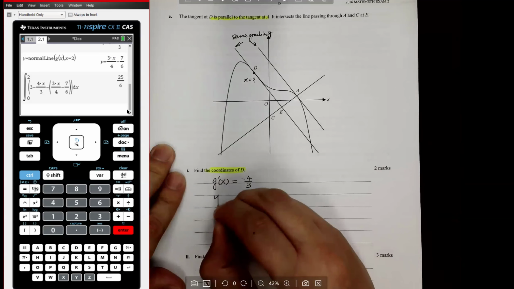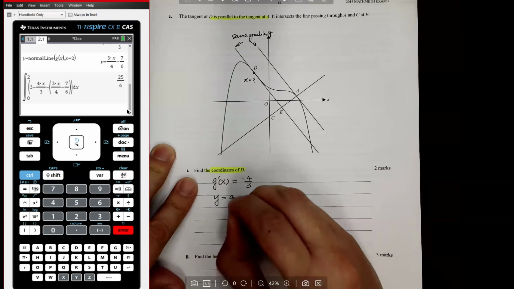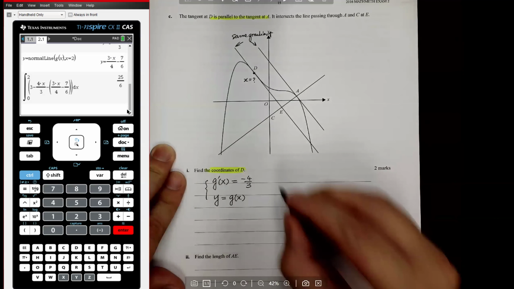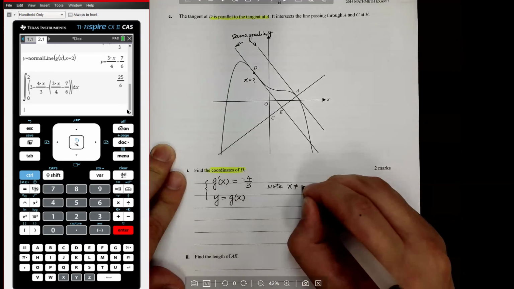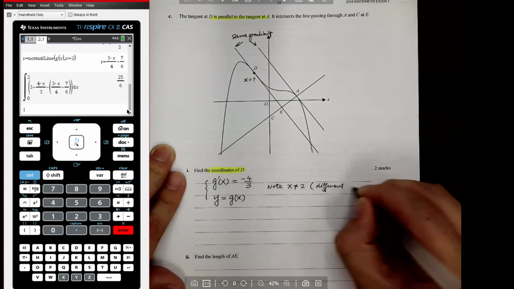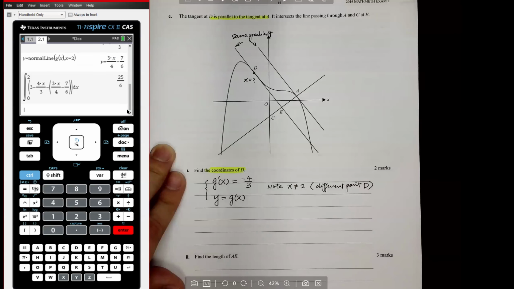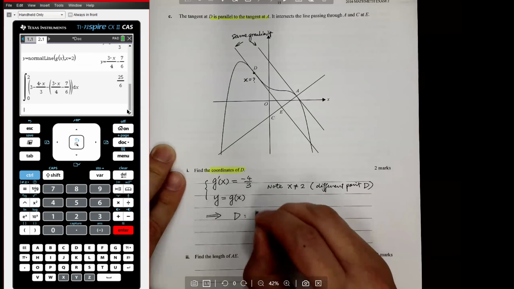And the y coordinate is, after you find the x value, you sub into y equals g of x, and we solve simultaneously. Note that x in this case is not equal to 2. It's a different point at D, okay? So now you can solve for the coordinate pair D.